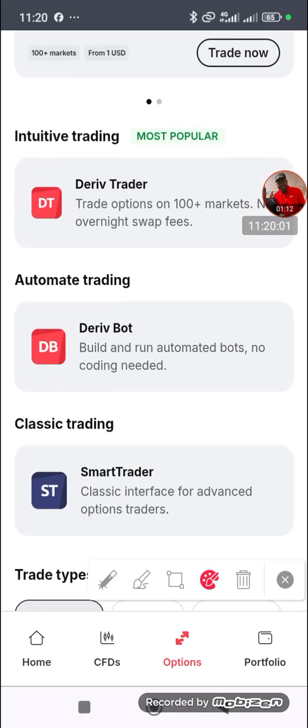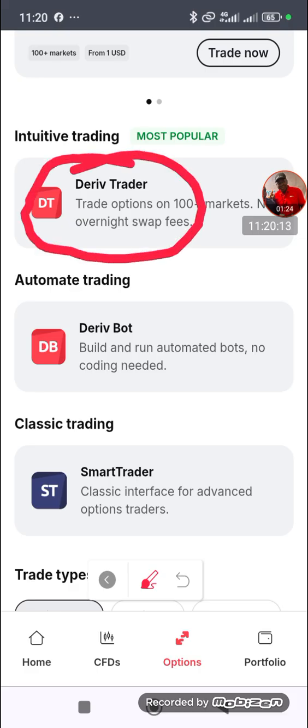Let me explain these three different kinds of sets so that you understand. I personally don't like using this one, except maybe if I want to trade touch. I can use it for touch trading, but I don't like using it for goes outside.